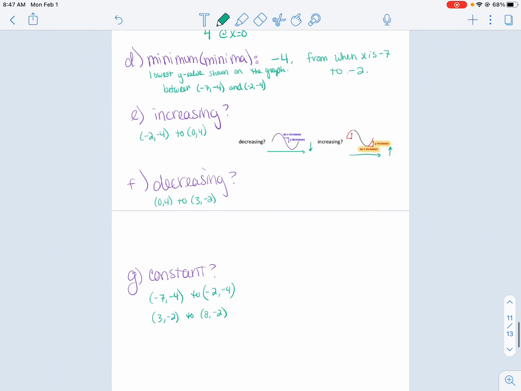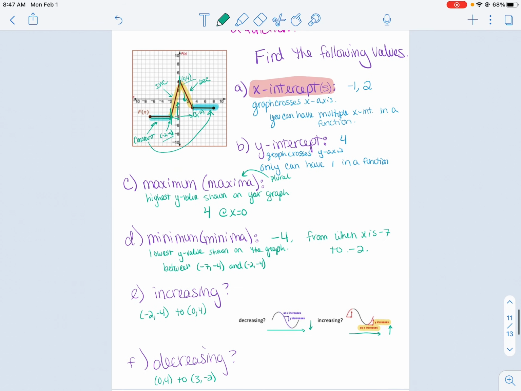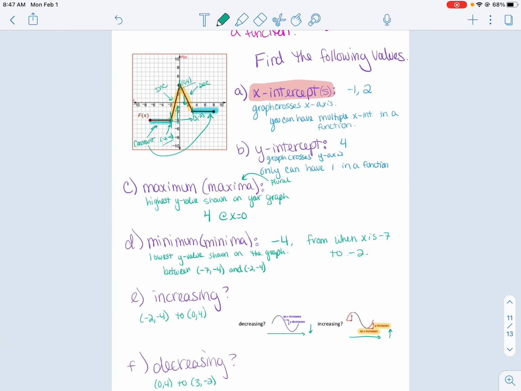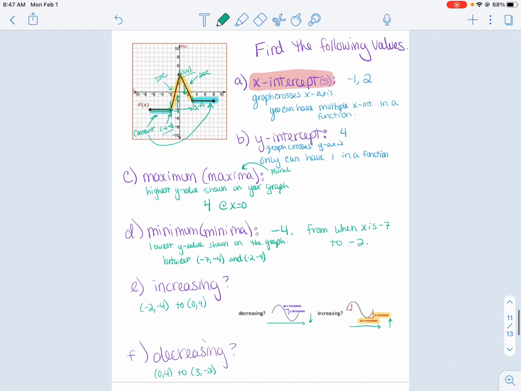And so once you've done that, then you've really analyzed your entire graph, picking apart those things, okay? So you're looking for where the graph crosses the x-axis for an x-intercept, graph crosses the y-axis for a y-intercept. A maximum value is the highest y value. Minimum value is the lowest y value.